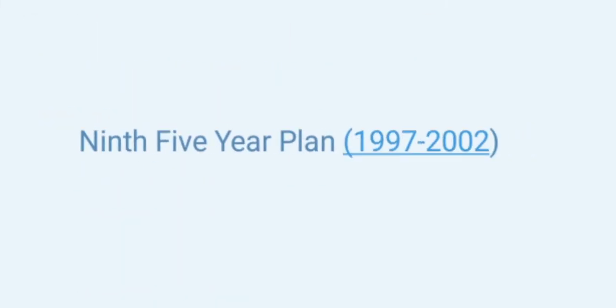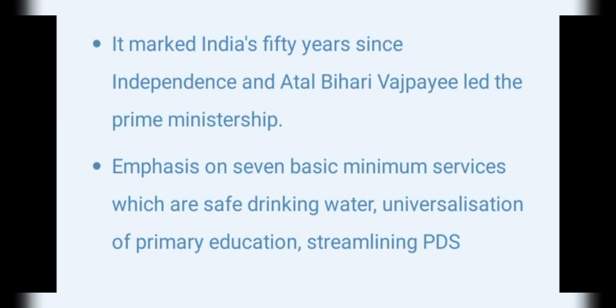Ninth Five-Year Plan 1997 to 2002. It marked India's 50 years since independence, and Atal Bihari Vajpayee led the Prime Ministership.